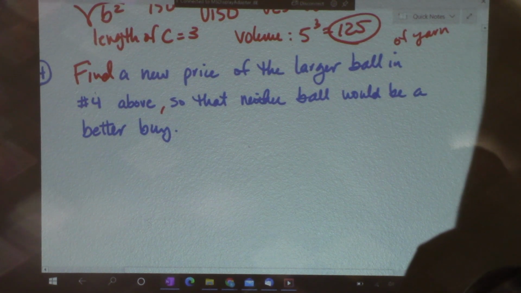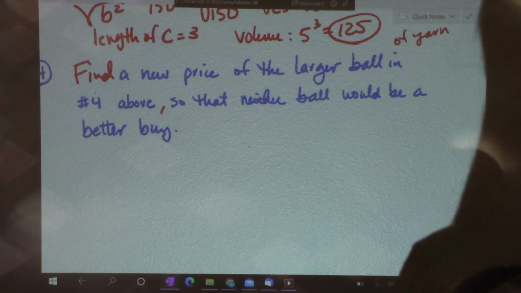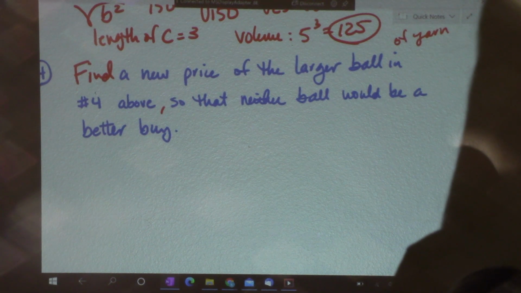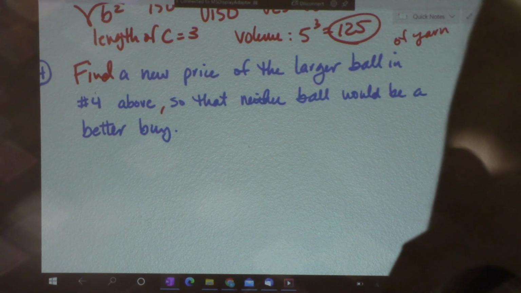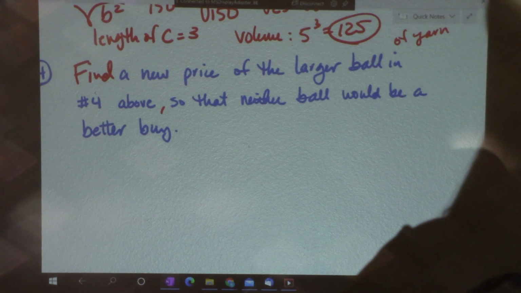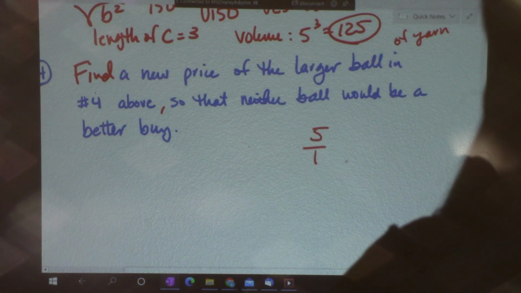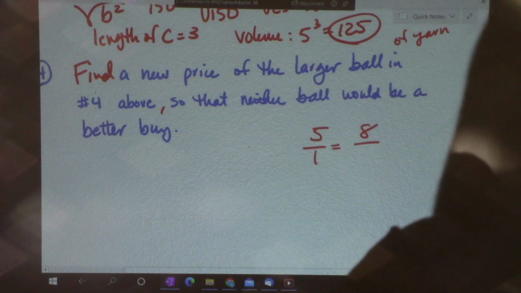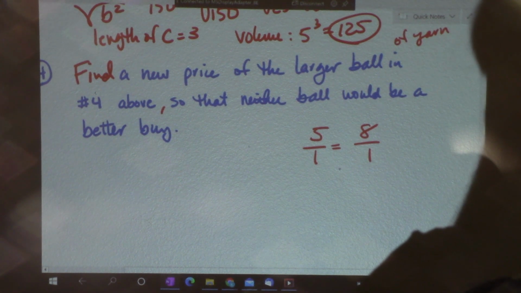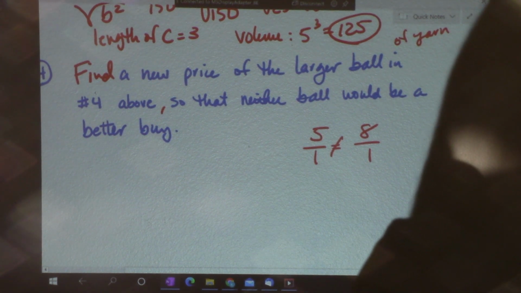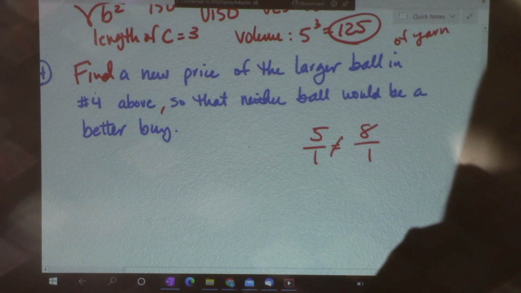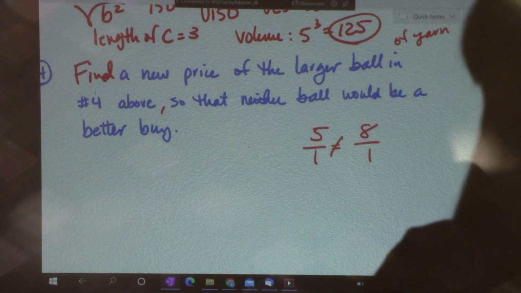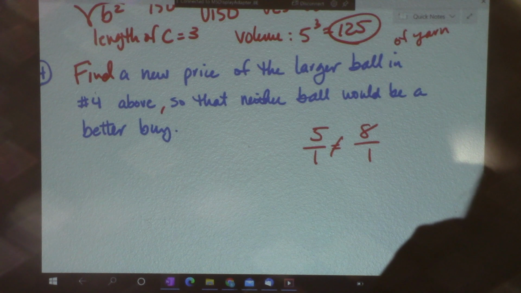And we mentioned this up above. If the factors are the same, then they increase the same. So we had 5 over 1 and we had 8 over 1. Do you remember that? And they're not the same. So find a new price of the larger ball.